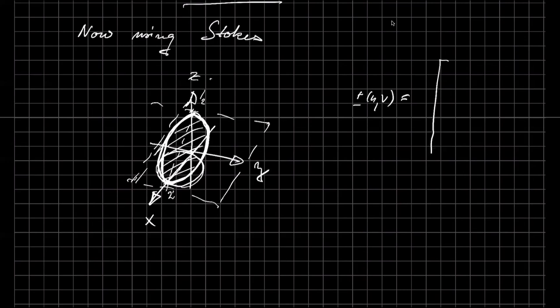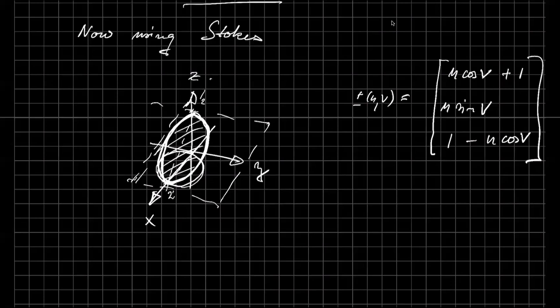This will be u cosine v plus 1, because it's displaced 1 in the positive x direction, then u sine v. And the z coordinate is 2 minus x, so this will be 1 minus u cosine v.